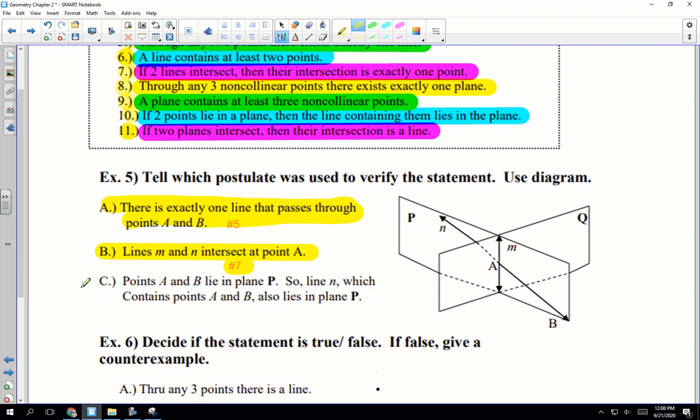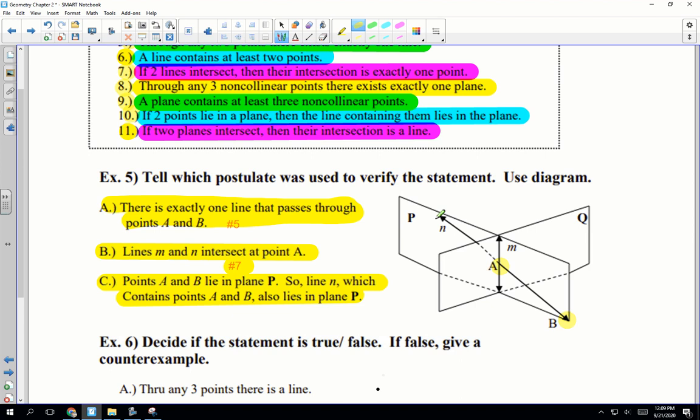Okay. And the last piece, for example 5, points A and B lie in plane P. So line N, which contains points A and B, also lies in plane P. So points A and B are in this plane P that shoots off to the right-hand side.